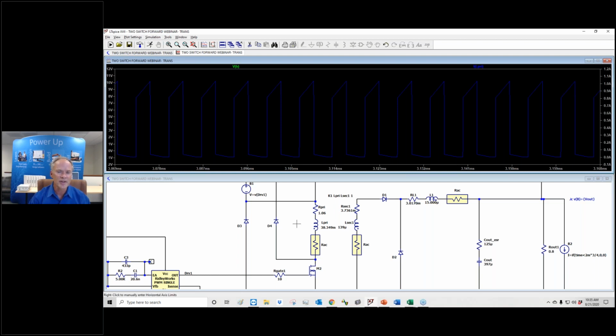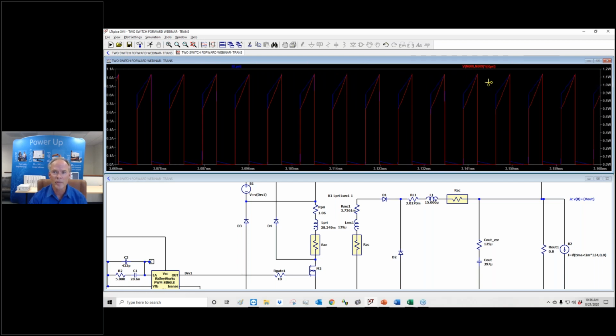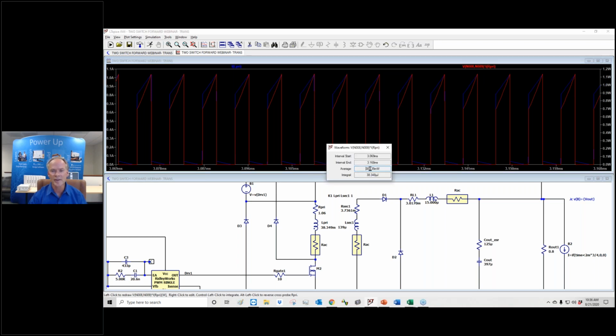Now let's look at the dissipation. So you hold the Alt key and you click on the primary resistor right here. Let's get rid of the output voltage, don't need that. Delete output. Here's our primary AC dissipation. And you can see here, this is 380 milliwatts.